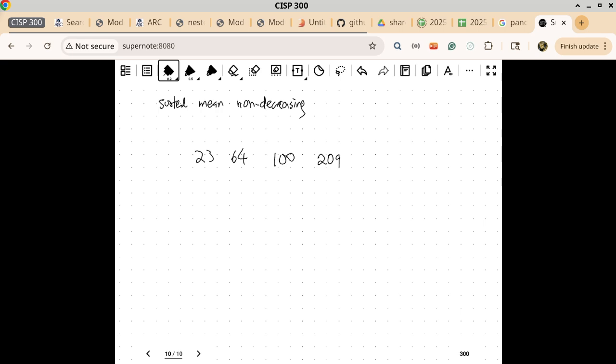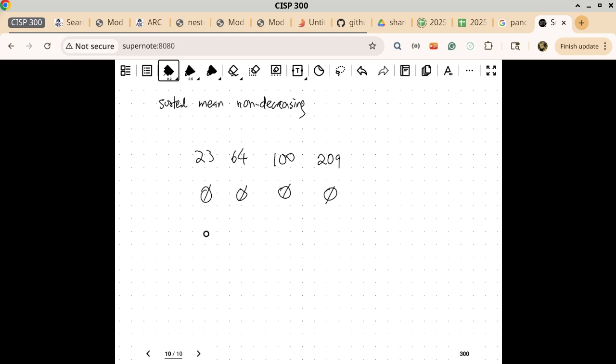Non-decreasing. Non-decreasing, not decreasing. Yeah, so this is cool. Okay, what about this one? Is this sorted? 0, 0, 0, 0, because they're non-decreasing, right?